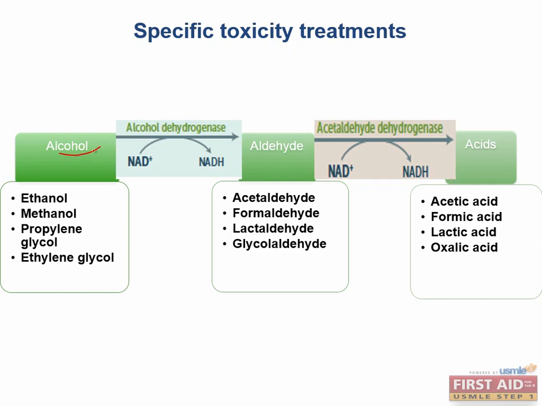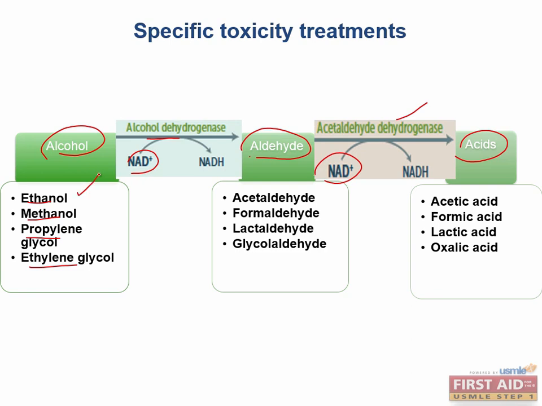All alcohols, ethanol, methanol, propylene glycol, ethylene glycol, these will be broken down by alcohol dehydrogenase with the help of NAD+ into its corresponding aldehyde, which will then be converted into a corresponding acid by acetaldehyde dehydrogenase, again using another NAD+. Important, important, important. It is not the alcohols that cause the problems, unless someone's a drunk, which is ethanol.